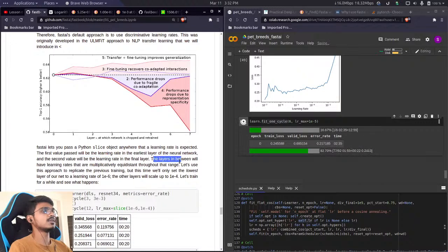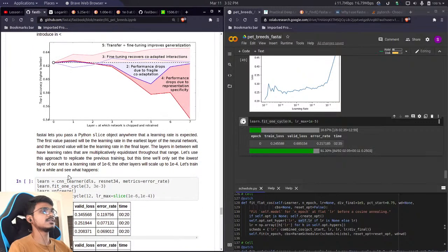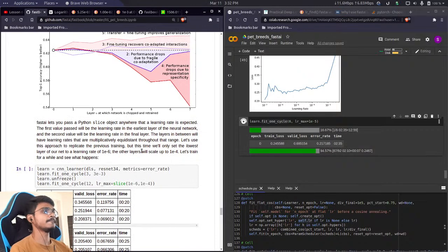The layers in between will have learning rates that are multiplicatively equidistant throughout that range. Let's use this approach to replicate the previous training, but this time we will only set the lowest layer of our net to a learning rate of 1e-6. The other layers will scale up to 1e-4.